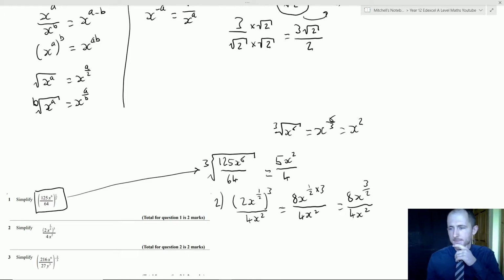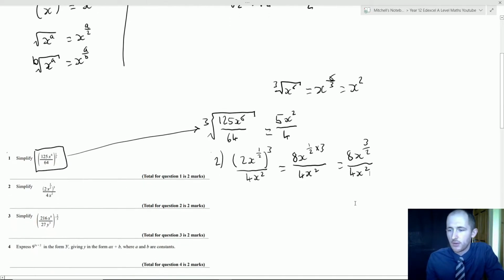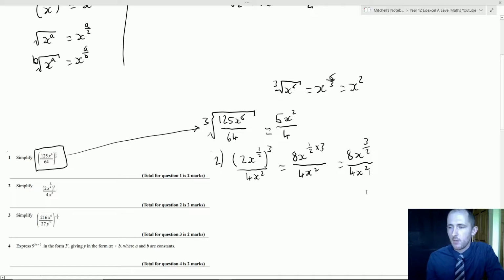And that's it, okay? So it says simplify. We're not done yet. This hasn't been fully simplified. What we can first do is we can do 8 divided by 4. So we can cancel this down. Make that 2. So that makes that 2x.